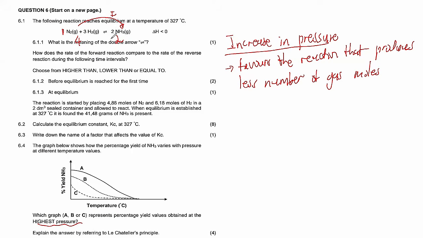So the forward reaction has 2 gas moles. And then coming to that side, that's the reverse reaction, meaning the reverse reaction has 4 gas moles, right? So which one has the less number of gas moles? It is obviously the forward reaction. So once that thing is on the product side, then it's the forward reaction.